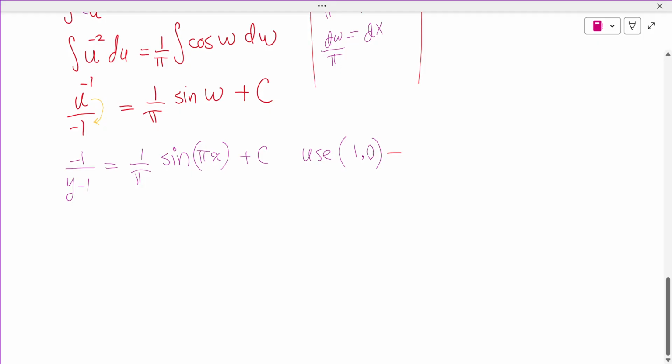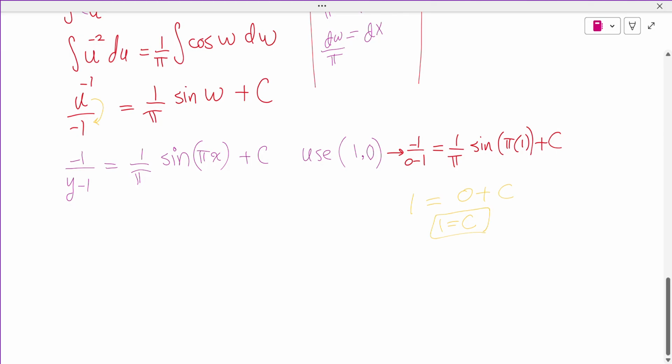So we have negative 1 over 0 minus 1 on the left side equals 1 over pi sine of pi times 1 plus c. So the left side is equal to 1. Now sine of pi is 0. That means 0 plus c, so c equals 1.